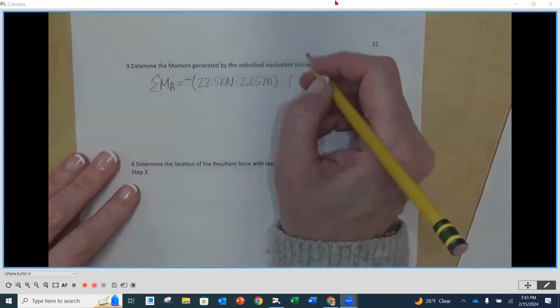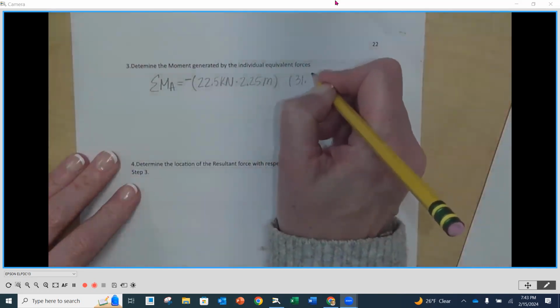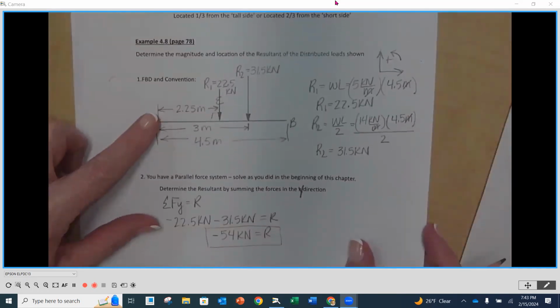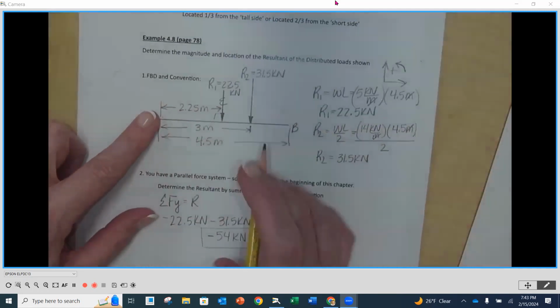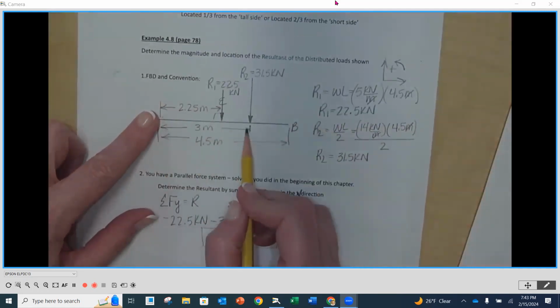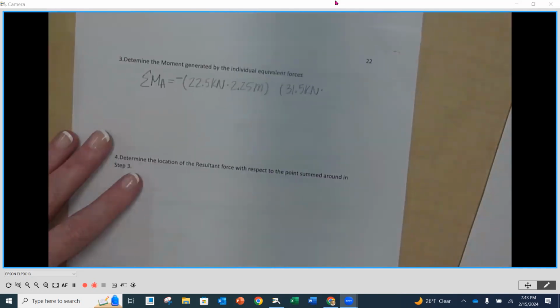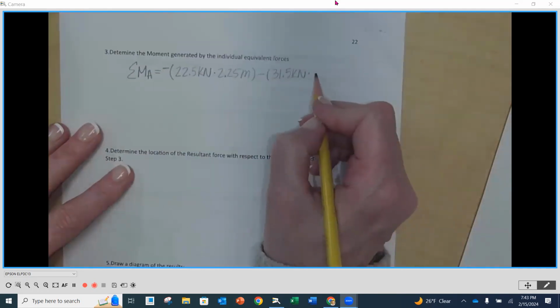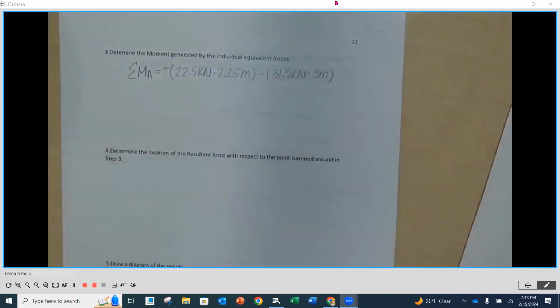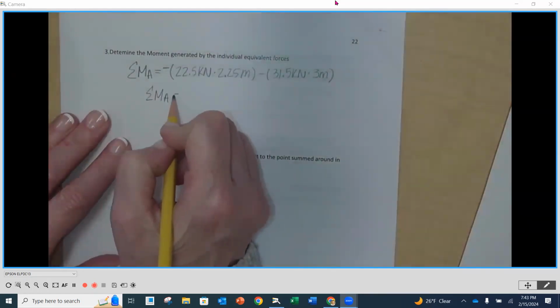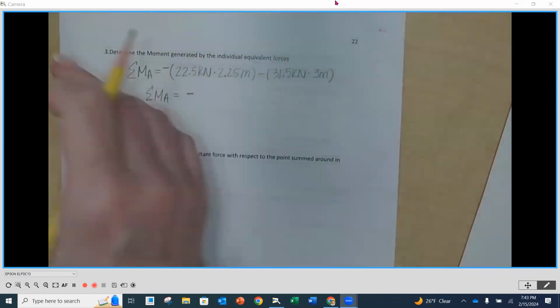And then our second one is going to be 31.5 kilonewtons times its perpendicular distance of 3 meters, and it's going to rotate clockwise, which is going to be negative. So negative out front, 31.5 kilonewtons times 3 meters.